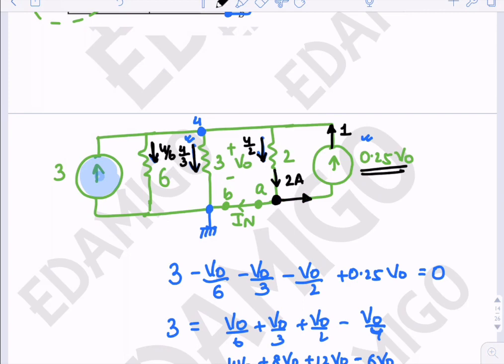The outgoing current here is 1 ampere. At this node, if we apply KCL, since the incoming current is 2 and the outgoing current is 1, the current in this branch will be 1 ampere. So the current between A and B is equal to 1 ampere.